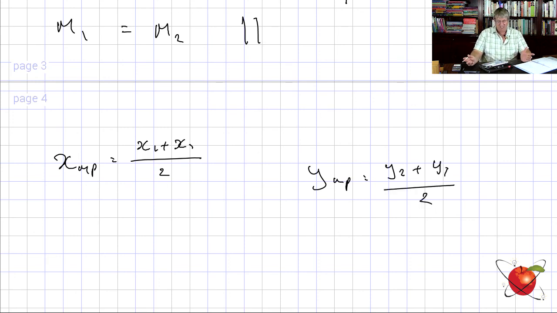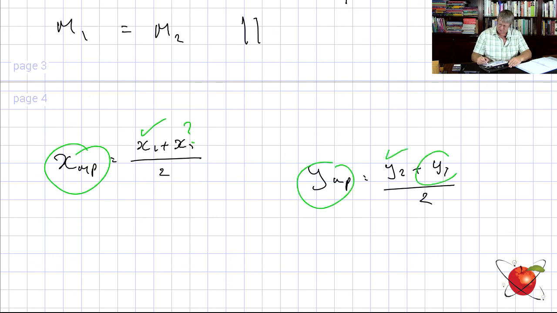If I know what the midpoint is, and this is given and that's given, I can work out that one. If that's given and that's given, I can work out this one, can't we? We're going to do one of those in a few secs, and we can go ahead and work it out.